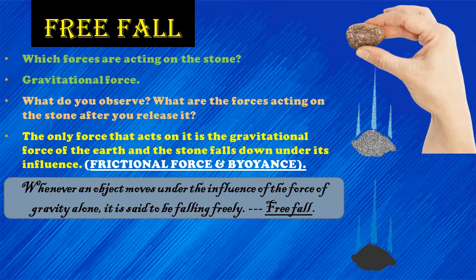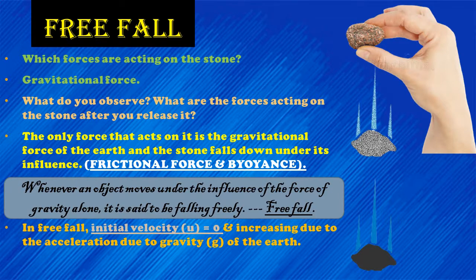I hope you have understood till here. Now, in free fall, the initial velocity u should be equal to 0, and it goes on increasing due to the acceleration due to gravity of the earth. During the free fall, the frictional force of the air and the buoyant force also act on the object, and these two forces oppose the gravitational force.